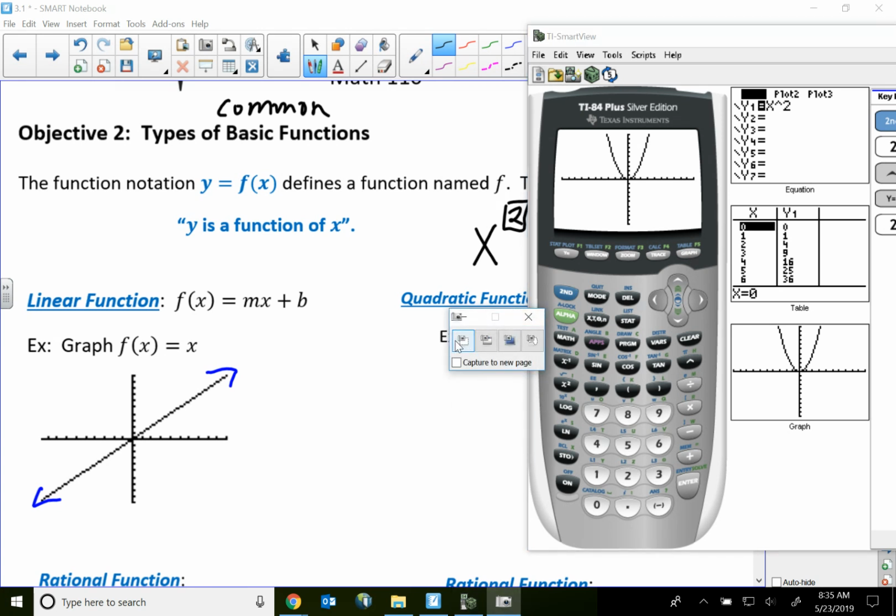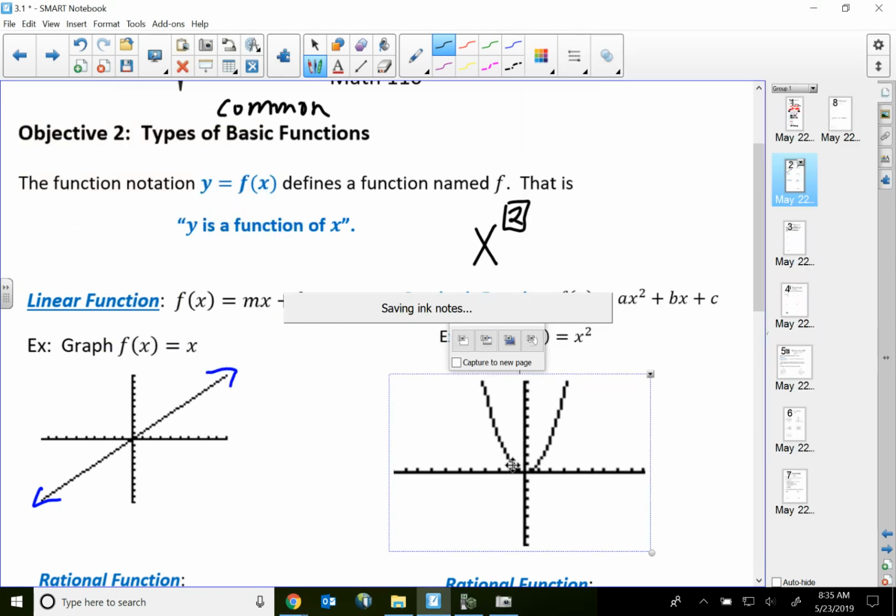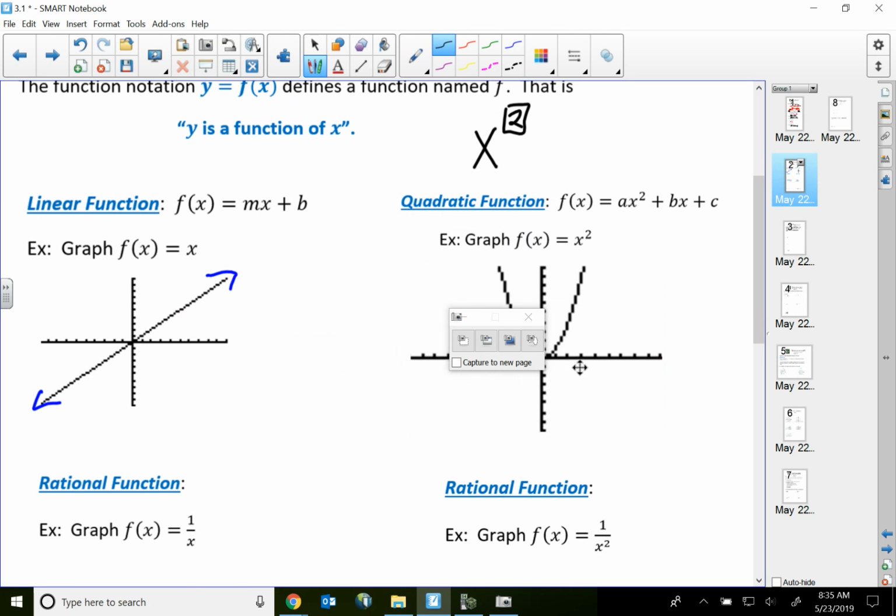All right, it's a U shape. A quadratic equation always gives us the parabola, which is a U shape. Here we go. I'm going to purposely draw my arrow right there.